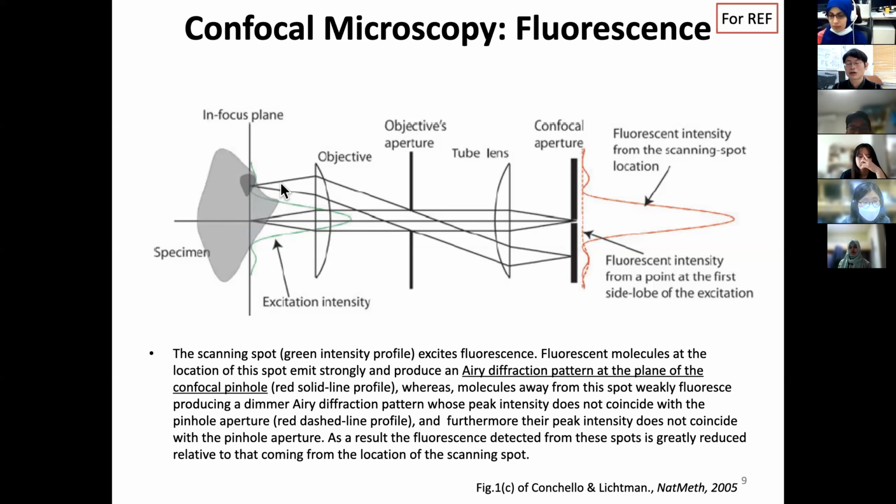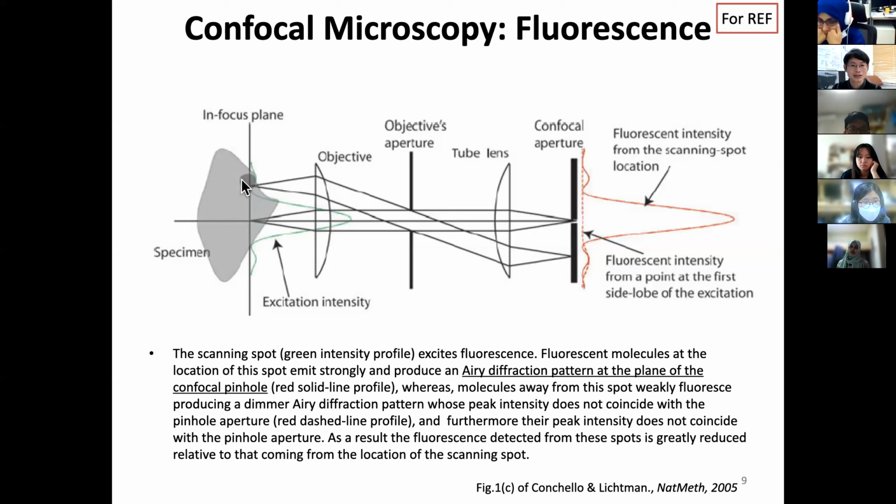Out of this, on the detection side, from this light coming in, you are generating an emission point spread function. So in the end, the signal you are getting is affected by both excitation and emission point spread function. That's the key when we are generating a confocal fluorescence image. So that's one thing you want to understand.